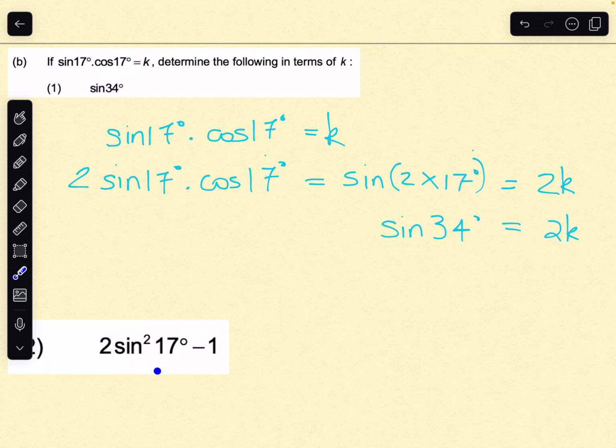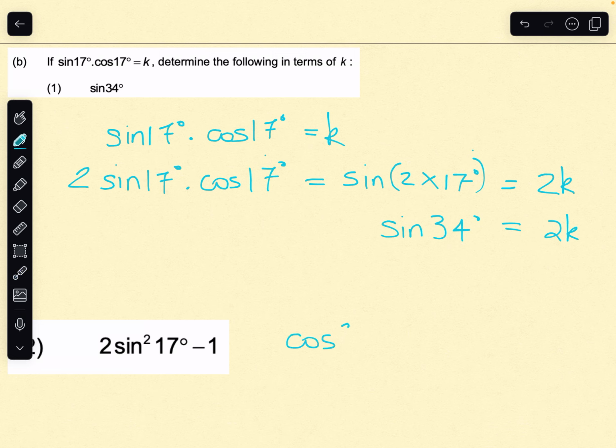Right, next one: 2 sine squared 17 degrees minus 1. That screams the cosine double angle identity situation for me. I always get confused about which is which.